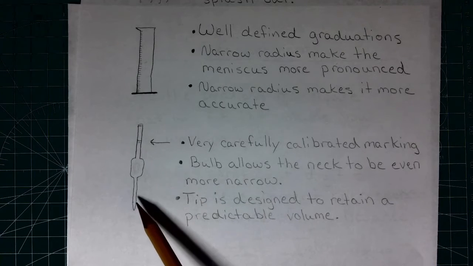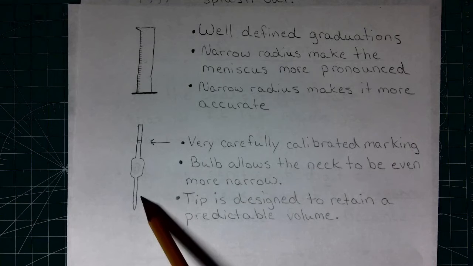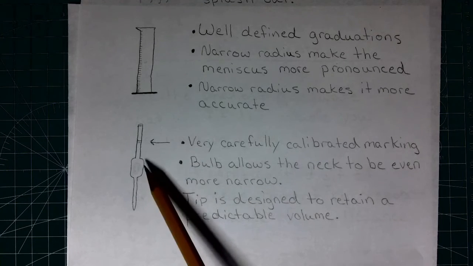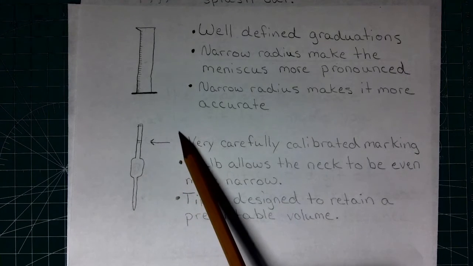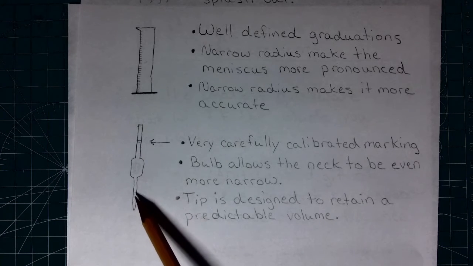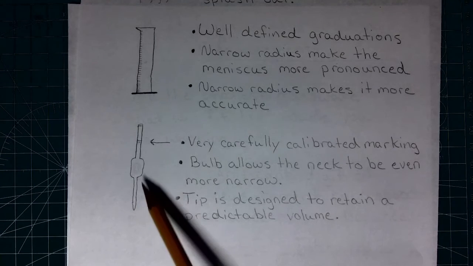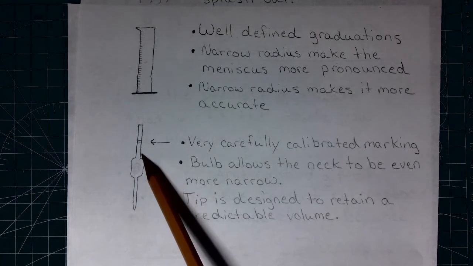And the final thing is that there's always this great conundrum that students realize really quickly when they're trying to make accurate volume measurements, and that is I can put so much volume in here, but I can never get that to go over to another container all the way. There's always a little bit kind of clinging in here somewhere, right? And this is actually calibrated to allow for that. What's going to happen is you're going to fill it up to here. You're going to allow it to drain down.